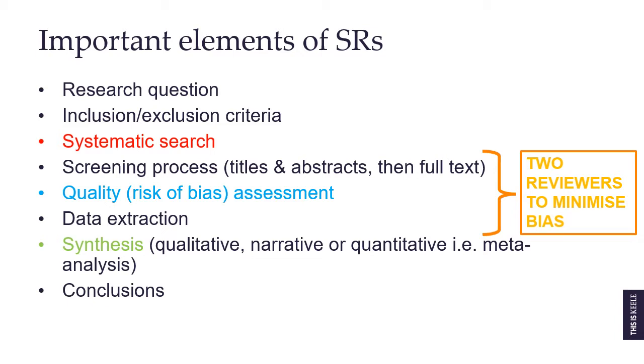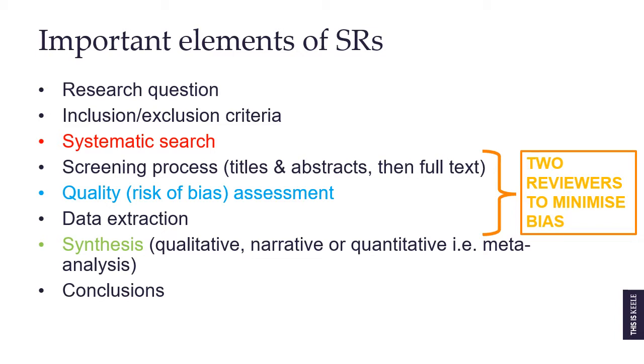This, along with the quality assessment and data extraction, is often done by more than one reviewer, as each stage can be quite a subjective process. You would also expect the review authors to say how any disagreements between reviewers are going to be resolved during that process.